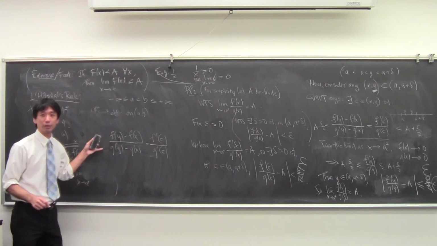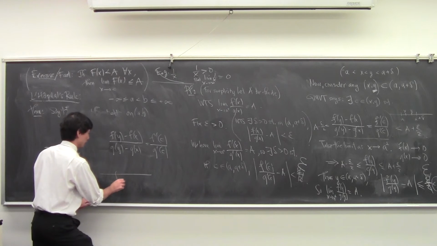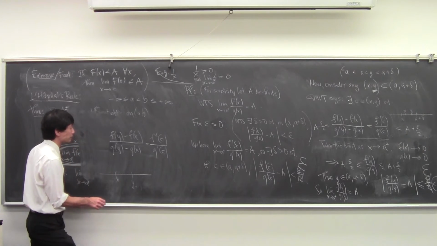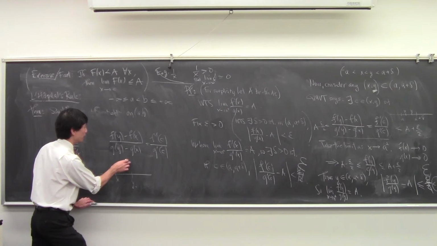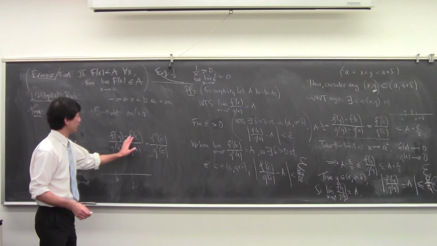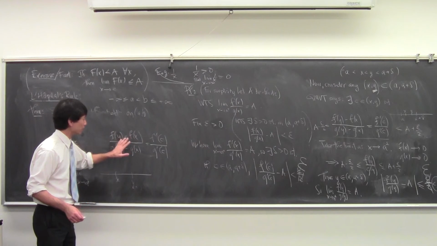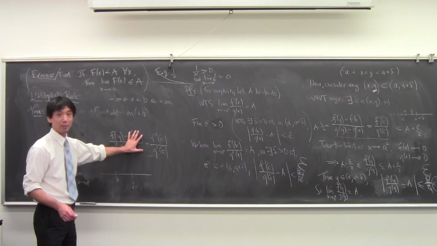You have something like this, where here is x and here is y, and then you just let x go to 0. That makes this thing vanish.